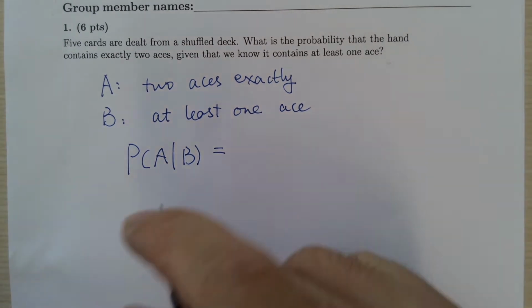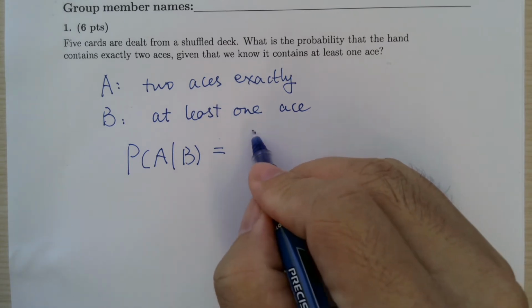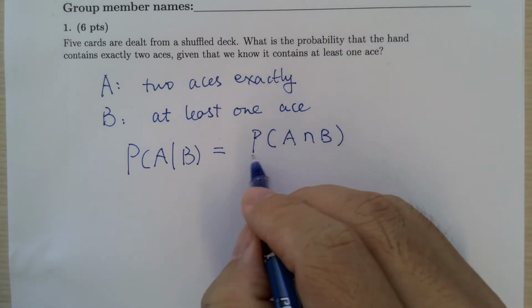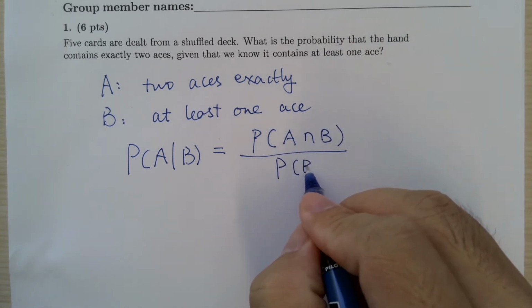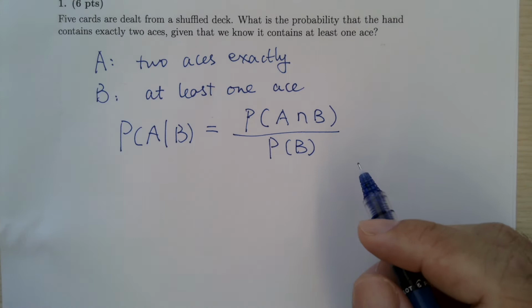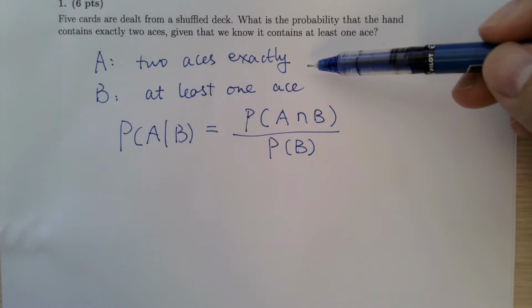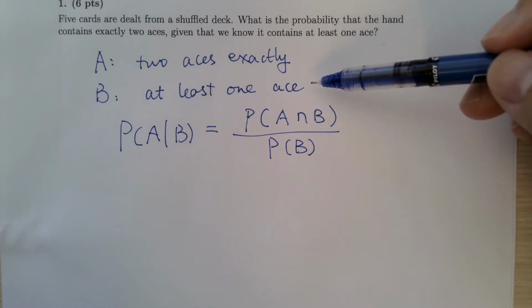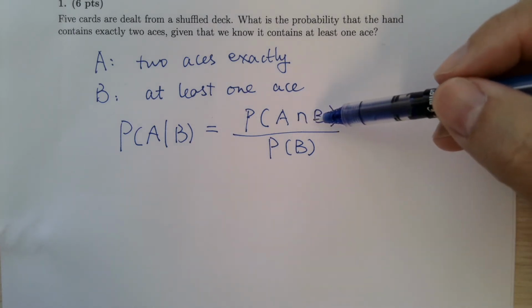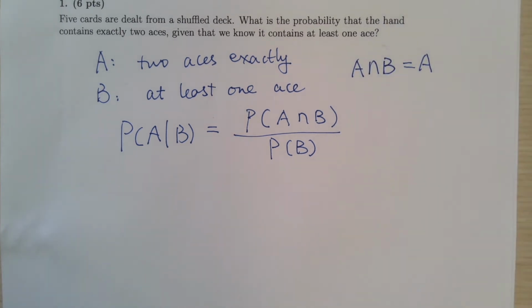It becomes into this, and then based on the conditional probability, this equals the probability of A intersect B over P of B, right? But as you take a look at those 2 events, the intersection between having exactly 2 aces intersect with at least 1 ace, do you agree that the intersection equals A, right?